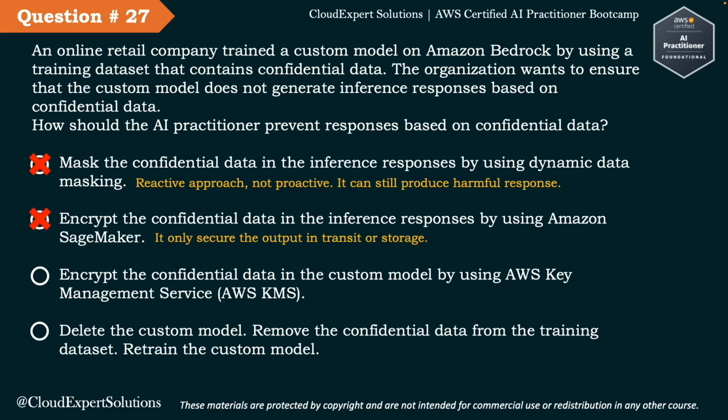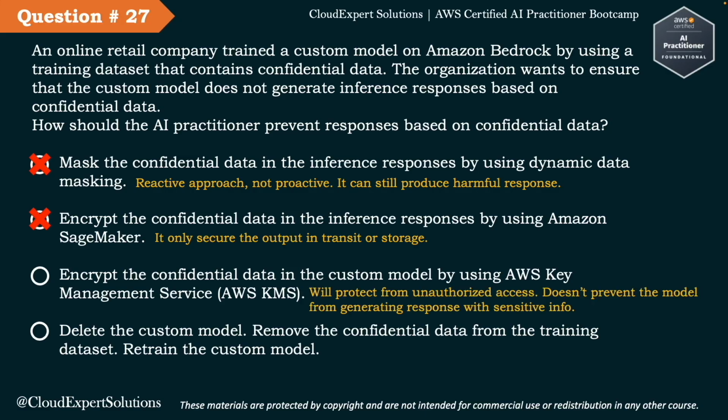Moving to option number 3, encrypt the confidential data in the custom model by using AWS KMS, or AWS Key Management Service. Encrypting the model will protect it from unauthorized access, but it does not prevent the model from generating sensitive output or sensitive information. Hence, this is also not the correct option.